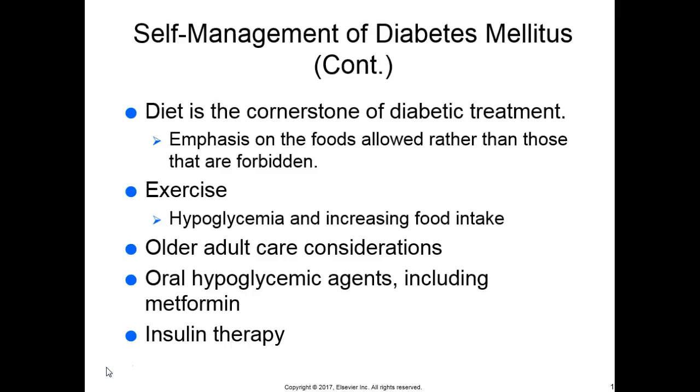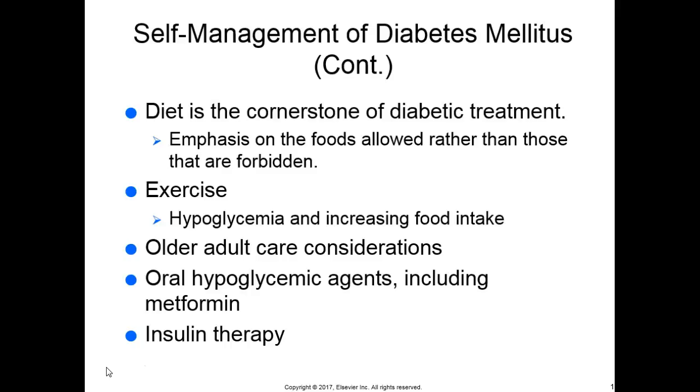Okay, and then exercise is also an important part of managing diabetes. Muscle activity improves glucose utilization for energy, and it also improves circulation. Exercise also makes the insulin receptors on cells more sensitive to the hormone and thus improves utilization of circulating glucose.